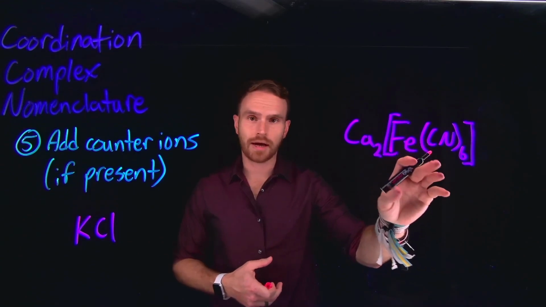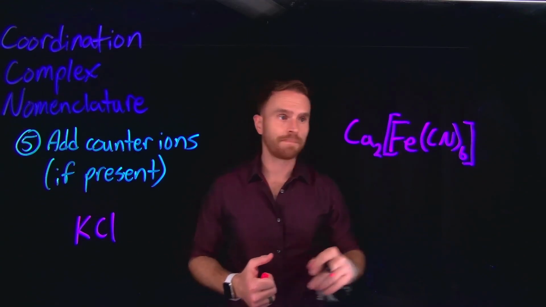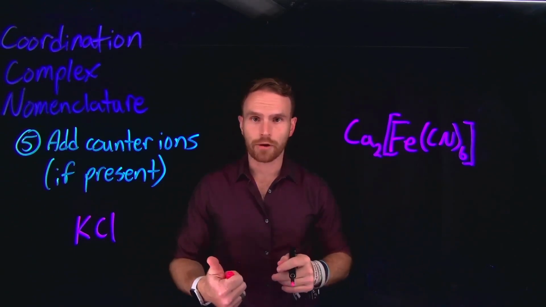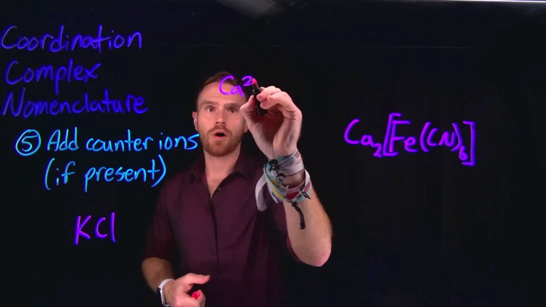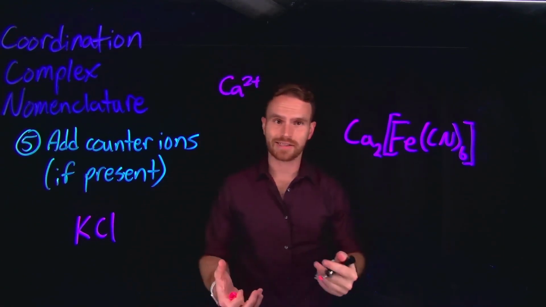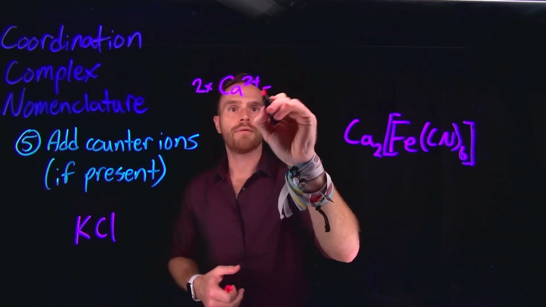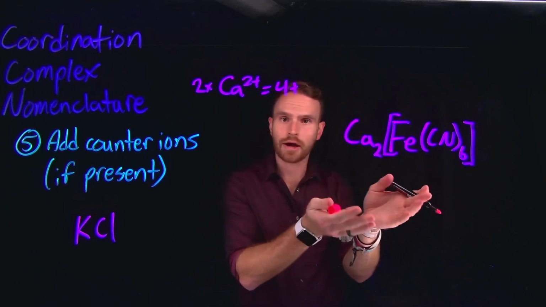A complex ion is a coordination compound that forms either a cationic or anionic species. So I know that calcium is an alkaline earth metal. It always has a 2+ charge. So calcium is always 2+ in its ionic state. There are 2 of them for an overall charge of 4+. So that is going to create this neutral ionic compound.